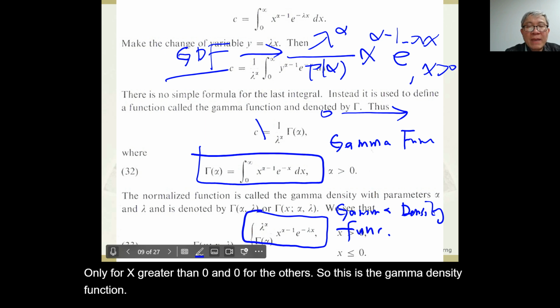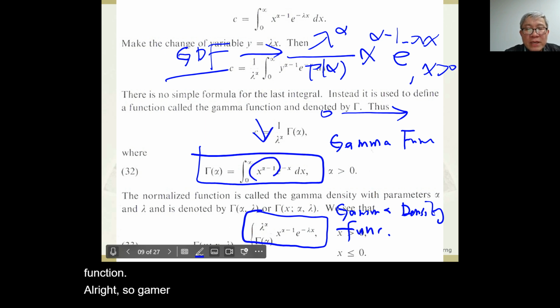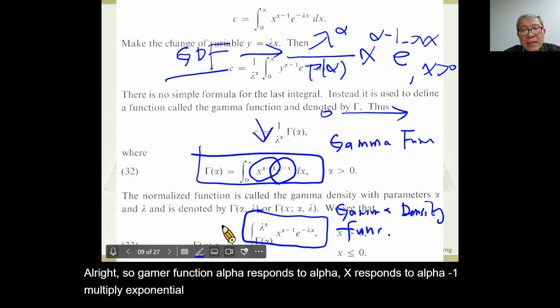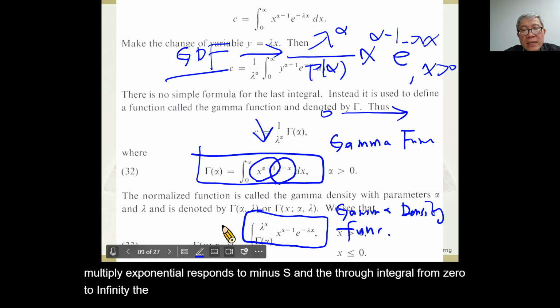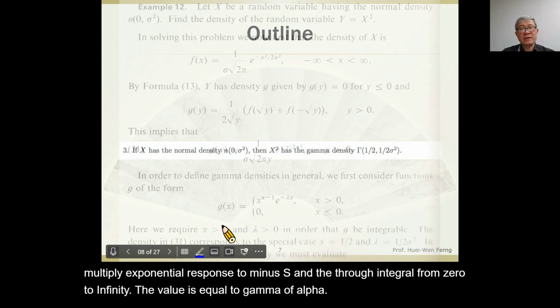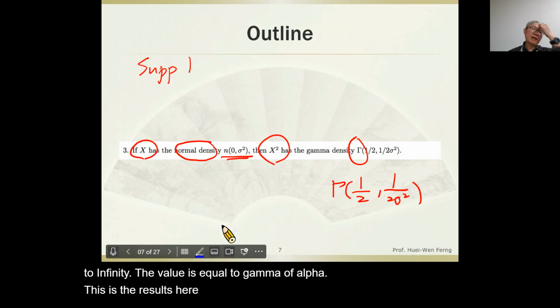As for the gamma function, it is the integral from 0 to infinity of x raised to the power alpha minus 1, multiplied by exponential raised to the power minus x, and the value is equal to gamma of alpha. Well, this is the result here. So we have results.